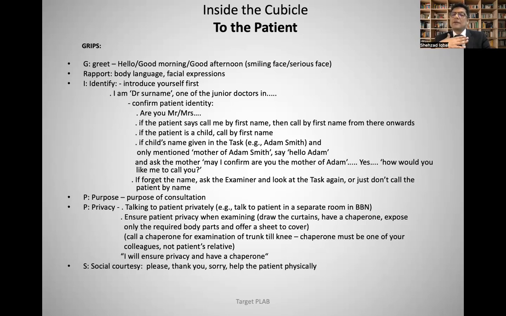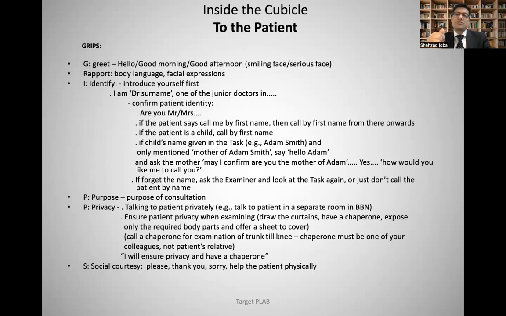Generally speaking, any examination of the trunk, any examination of the private parts up to the knees, you would need a chaperone. So mention that you will ensure privacy and have a chaperone.